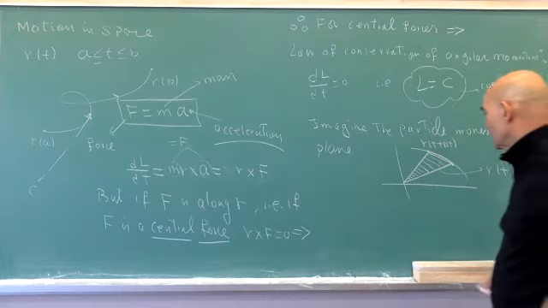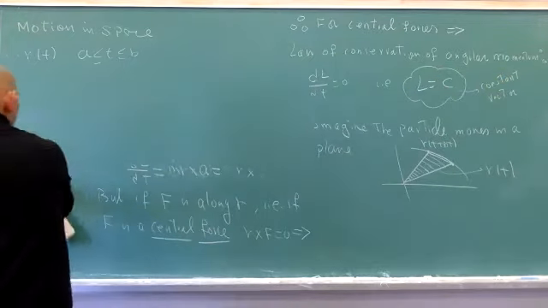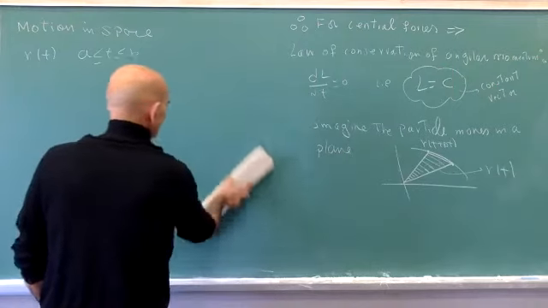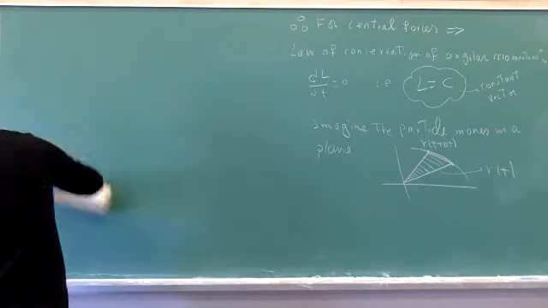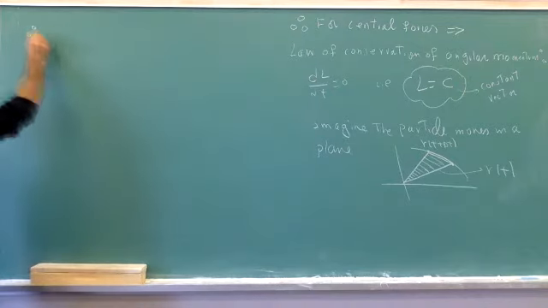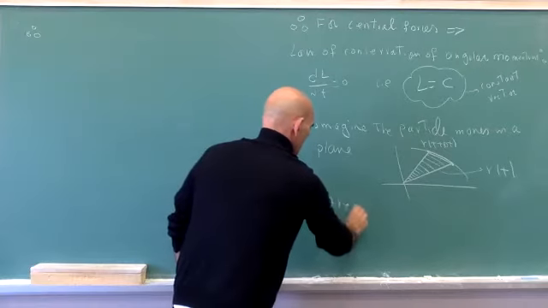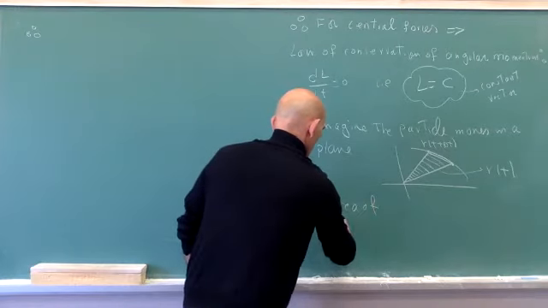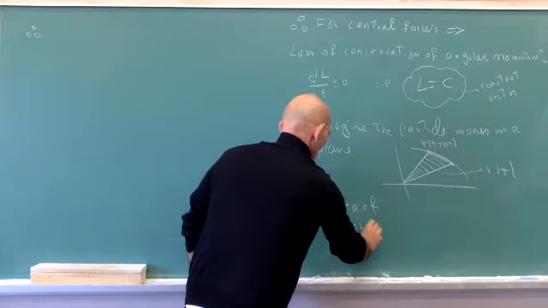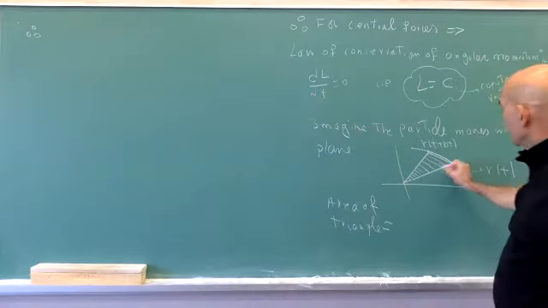Now if I want to measure the rate of change of area with respect to time, that picture should tell you. So let me write it here: the area of the triangle is equal to the cross product of these two vectors.